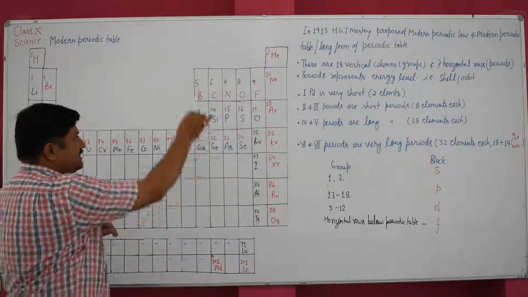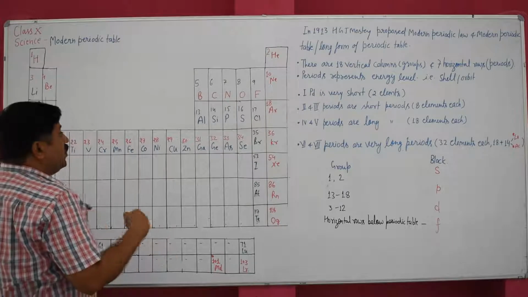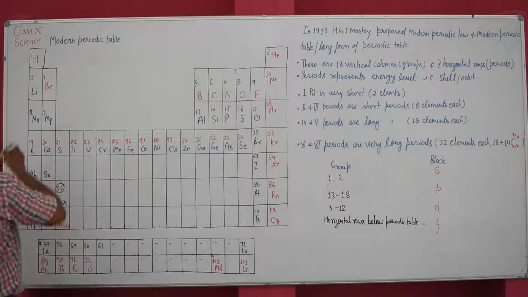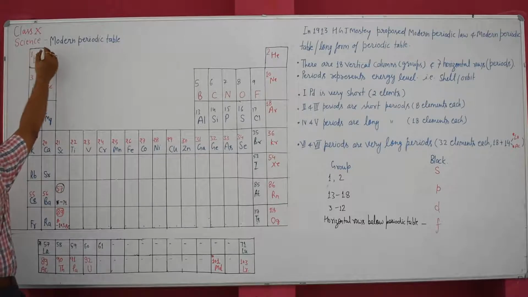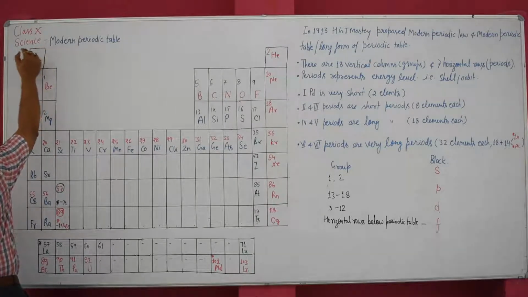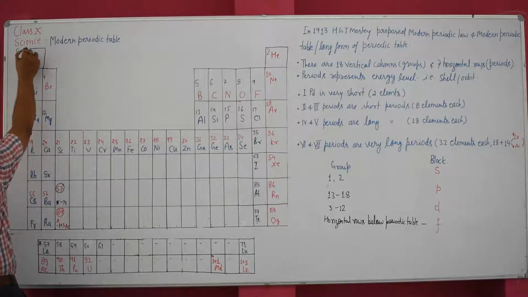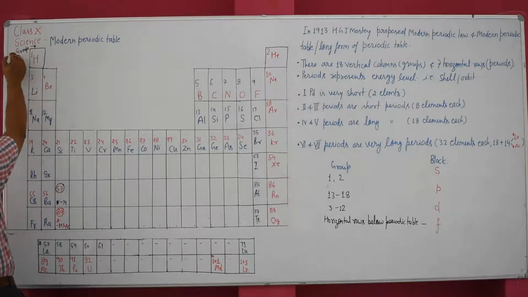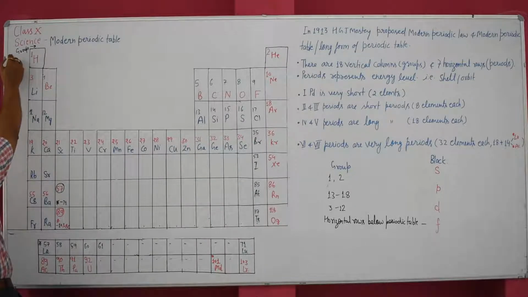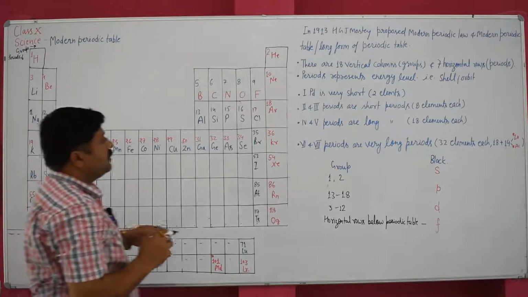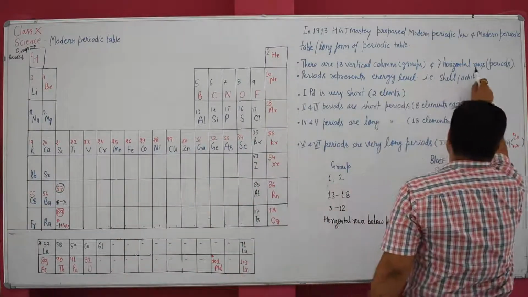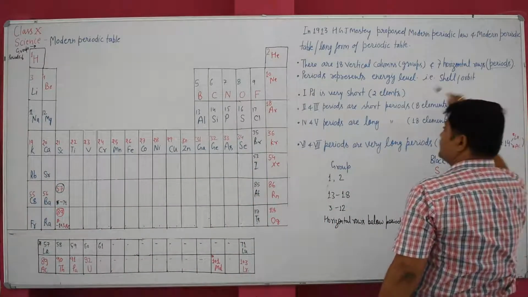These standing columns, 18 in number, are known as groups. And 7 horizontal rows are known as periods.